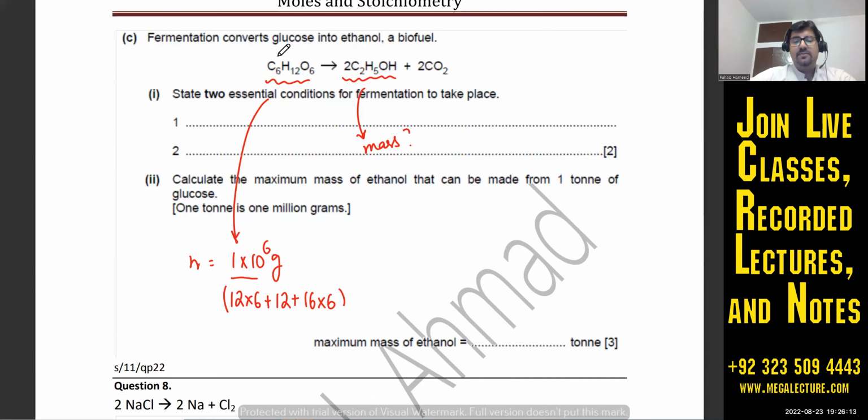That makes 180. This is 180. So how many moles do we get? It's going to be a big number, 1 times 10 to the 6, 1 million divided by 180. What do we get?